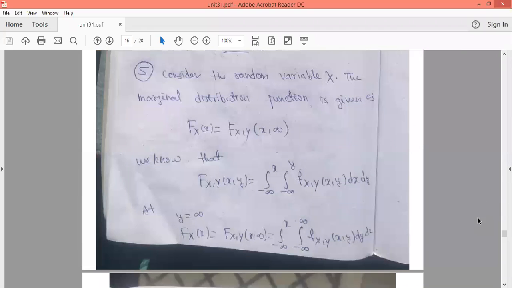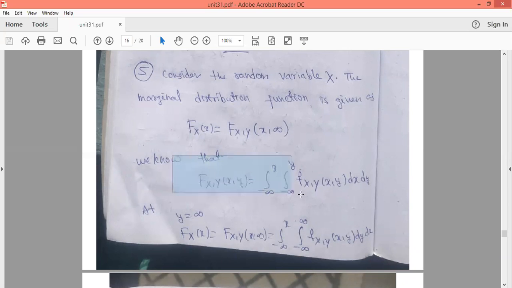Now we will see the fifth property. The fifth property will give us marginal distribution functions and marginal density functions. What is marginal distribution function? That is Fx of x or Fy of y, the marginal distribution function. Okay. In Fx of x, what is y term? Y term will be infinity. Okay.